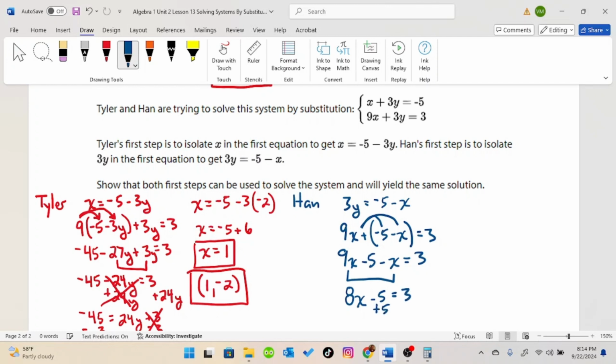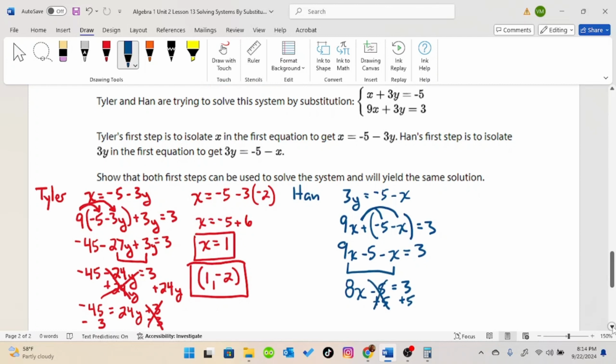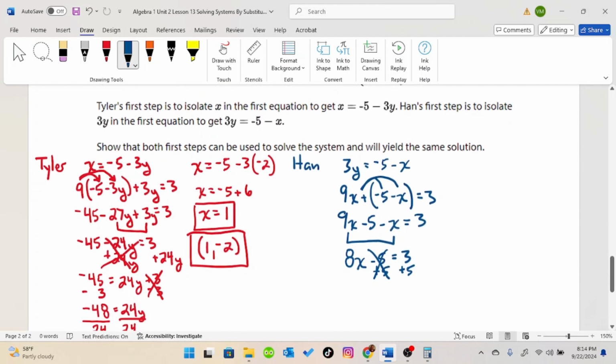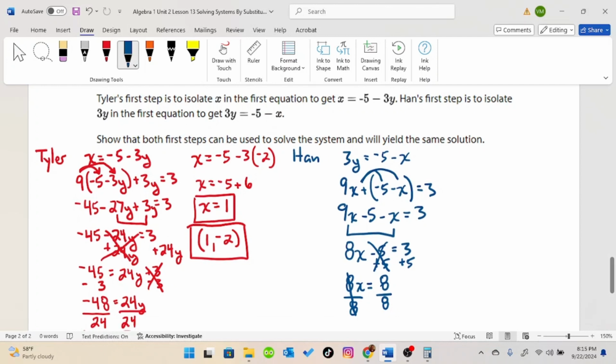We add 5 to both sides to get rid of it on the left. And we end up with 8x equals 8. Divide both sides by 8 to get rid of it on the left. And we get x equals 1.